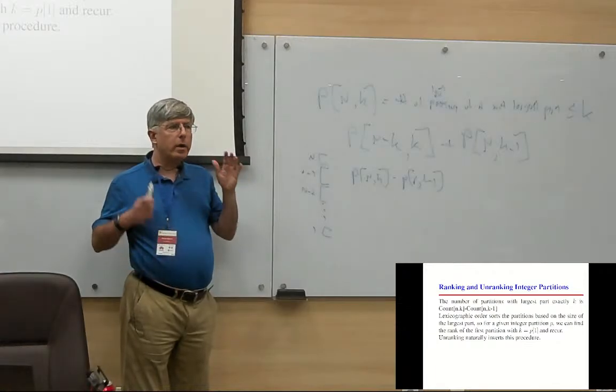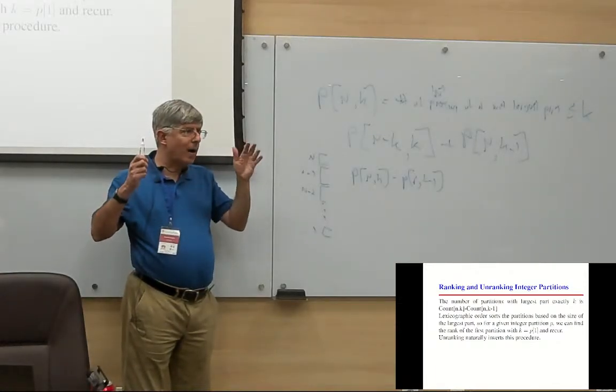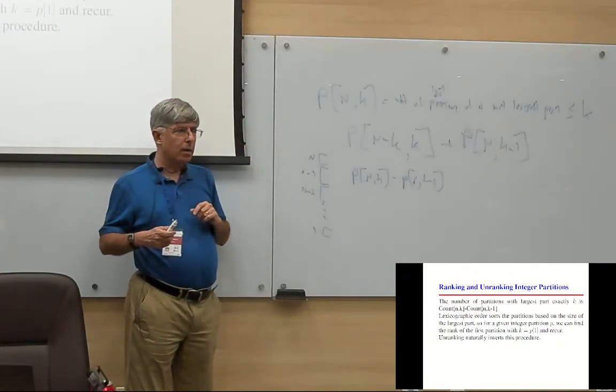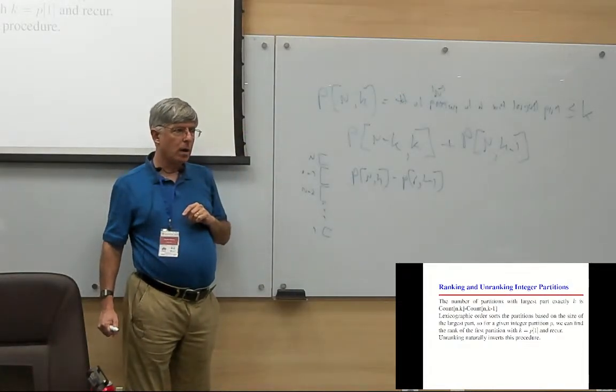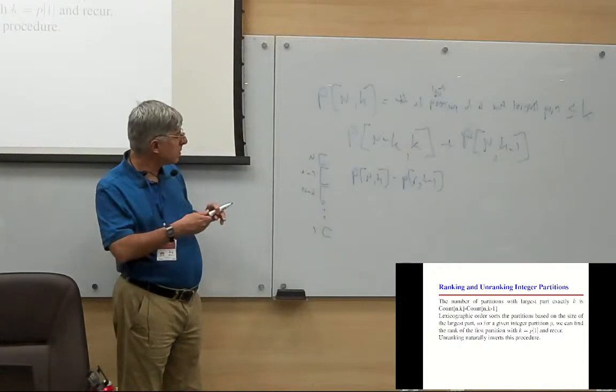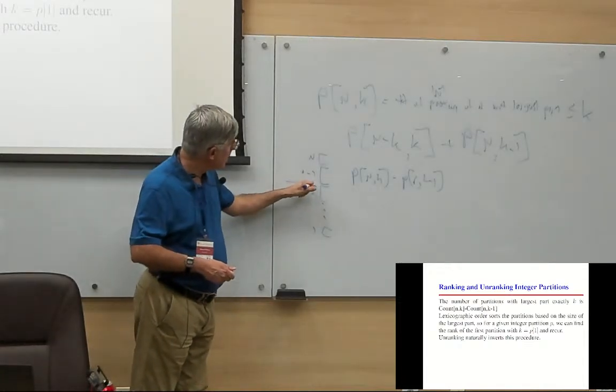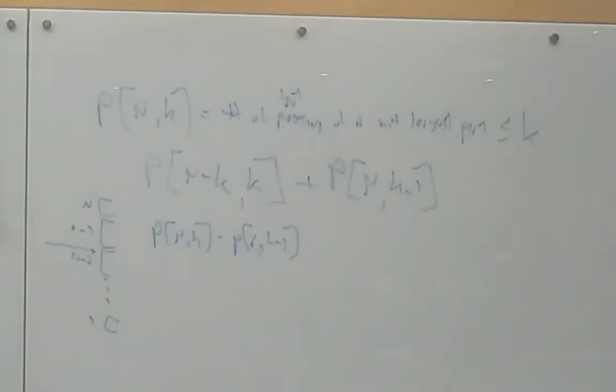Suppose I want to know what the 96,702nd integer partition of 6 is. How do I tell? I ask myself, if my number is here in sorted order, what do I know?